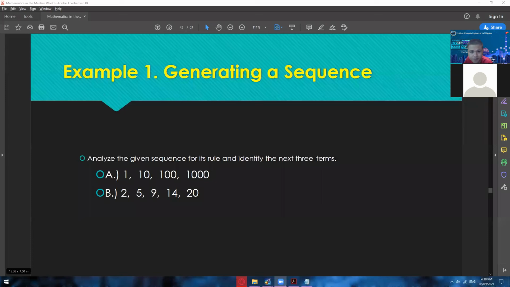So the answer from Miss Elizabeth, Mr. Luis. Okay, so 10,000, 100,000, and then 1 million. Yeah, that's the correct answer. Okay, what about number 2? Okay, so you need to answer 3 terms, not only 1 term.